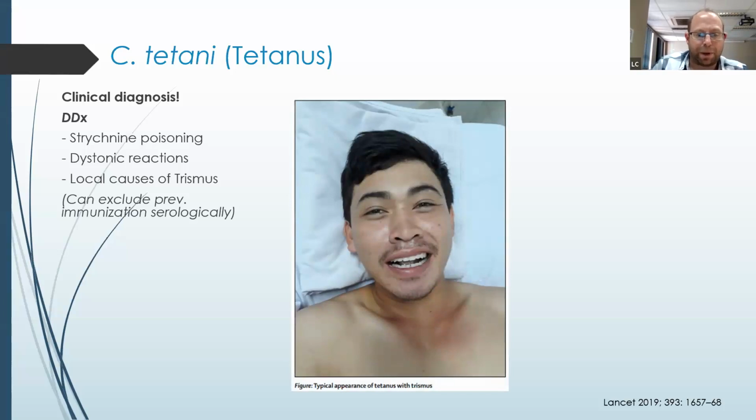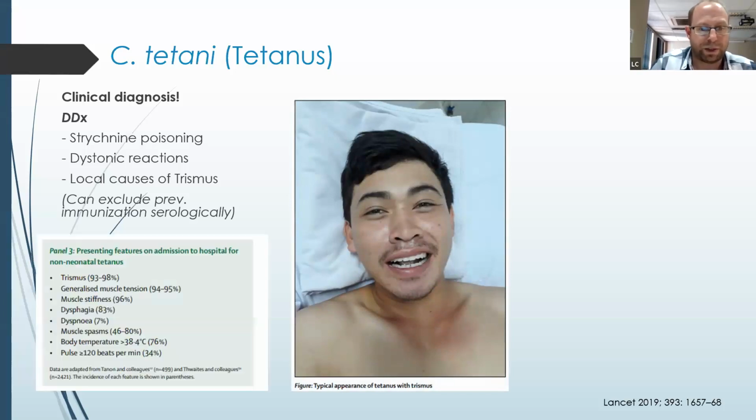The typical appearance of a patient with trismus and risus sardonicus, and some of the presenting features on admission for non-neonatal tetanus: trismus, muscle tension, dysphagia, infrequently with dyspnea, but certainly frequently with body spasms, and they often have an increased body temperature as a function of the spasms themselves combined with the autonomic dysfunction.